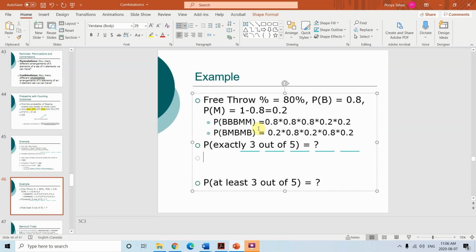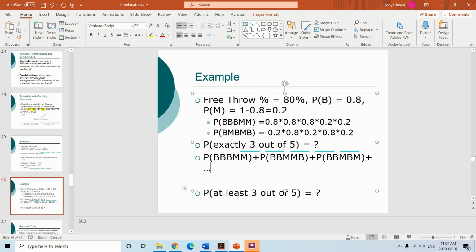One way of doing it is counting how many different sequences we can have with 3 baskets and 2 misses and adding them up. This would be one of them, this would be another one, for example, and there are so many of them. Like B, B, M, B, M.